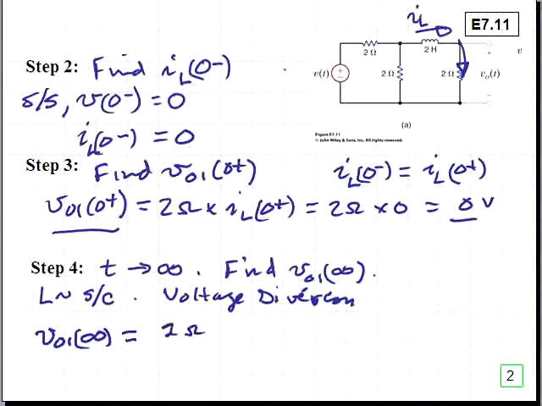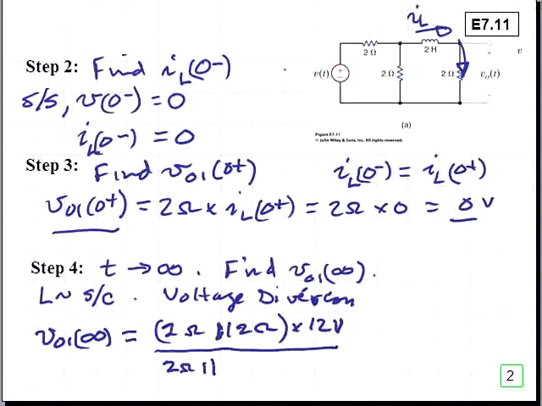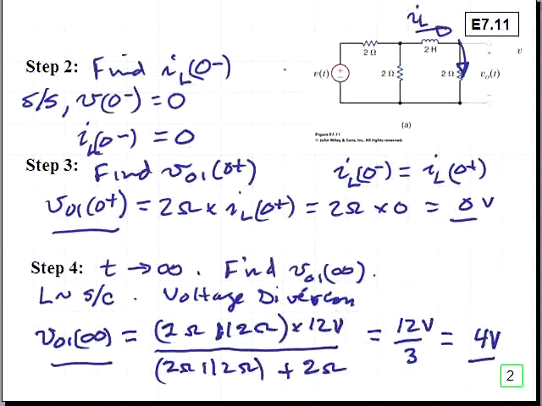So we have 2 ohms parallel 2 ohms times 12 volts. We're doing the voltage division process, so we have that 2 ohms parallel 2 ohms plus the 2 ohms connected in series with the voltage source. So this is equal to 12 volts divided by 3, which is equal to 4 volts. So we've established the 0 plus voltage at 0 volts and the time infinity voltage at 4 volts.